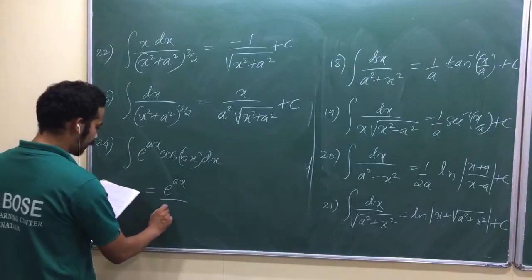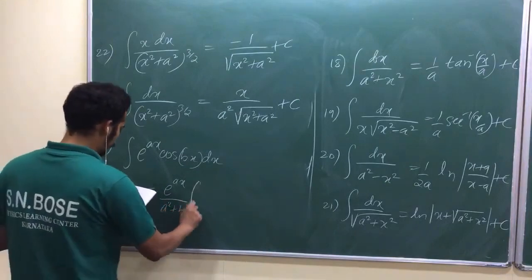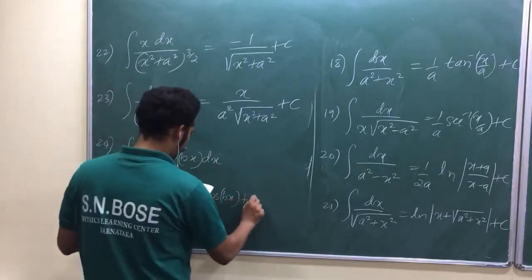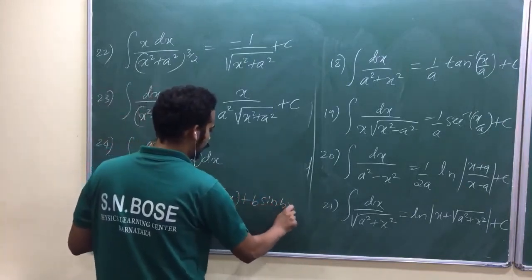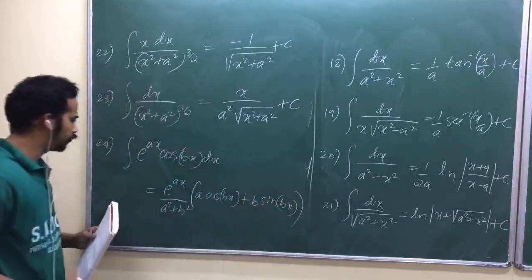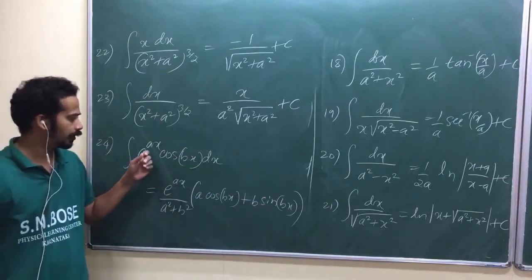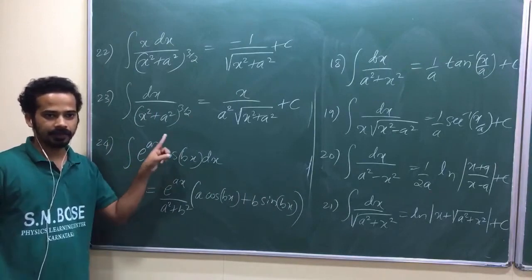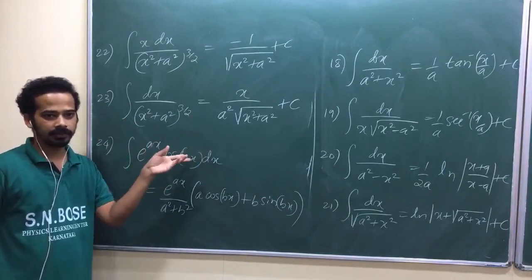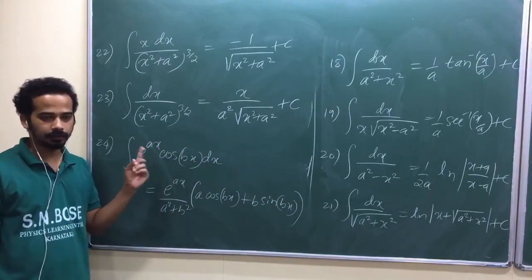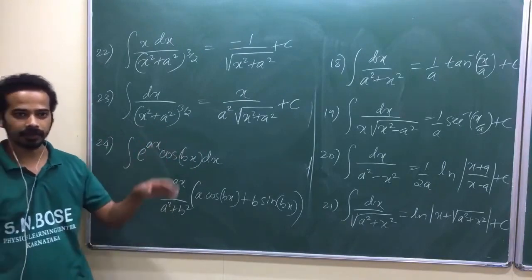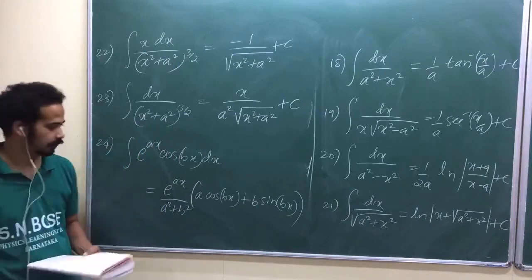E power ax by a square plus b square, a cos bx plus b sin bx. Actually, let me tell you how to do this one. You can write e power ax into e power i bx. E power i theta is, again, your Euler formula: cos theta plus i sin theta. You can then split that one and compare real and imaginary parts. Let me do that. Okay, we shall do that.